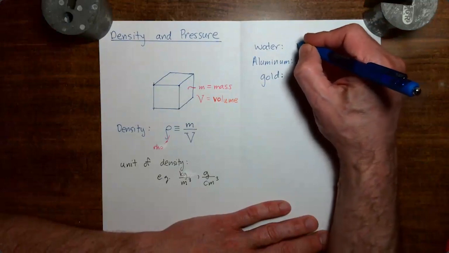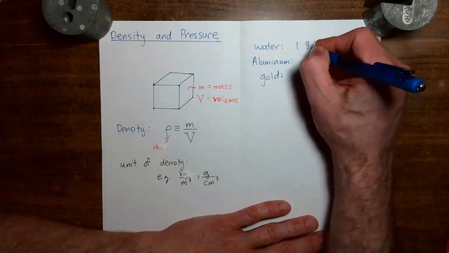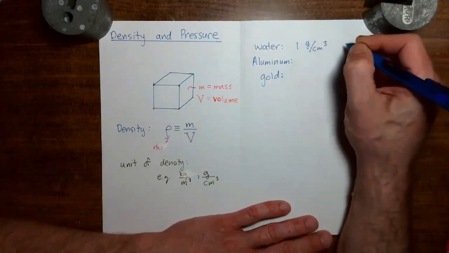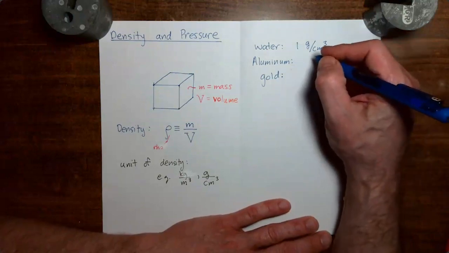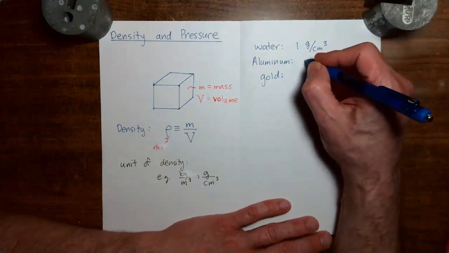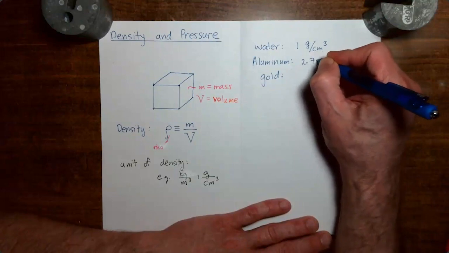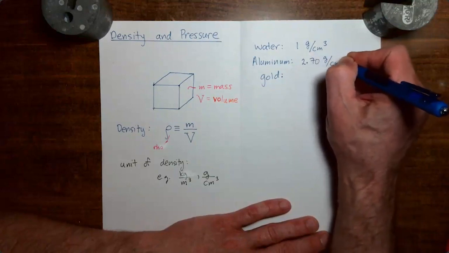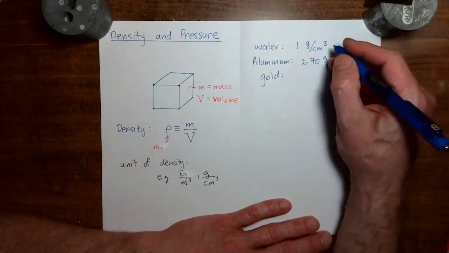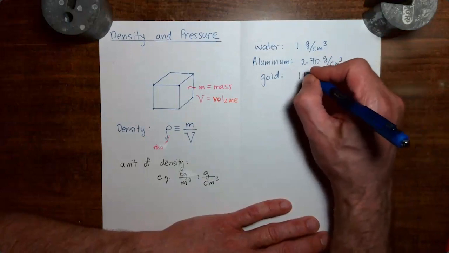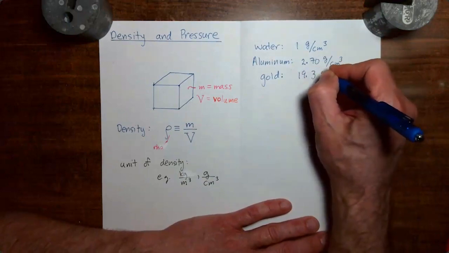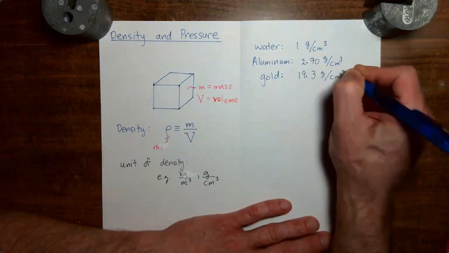Liquid water has a density of about 1 gram per cubic centimeter. Aluminum has a density of about 2.70 grams per cubic centimeter. And gold has a density of 19.3 grams per cubic centimeter.